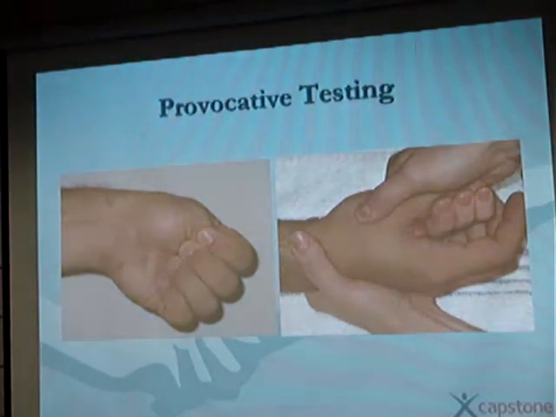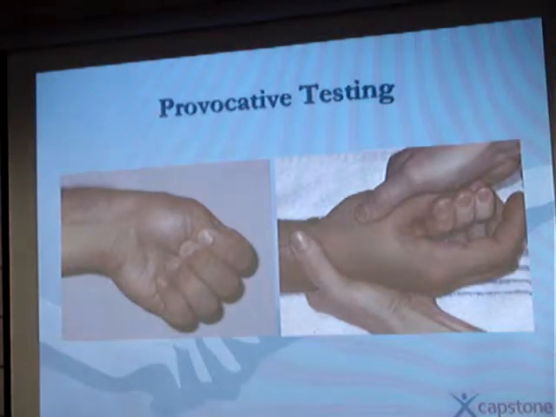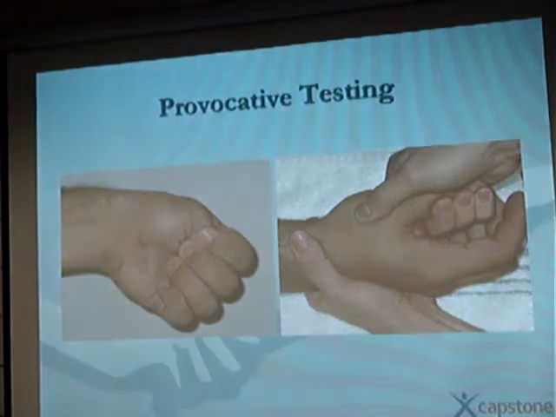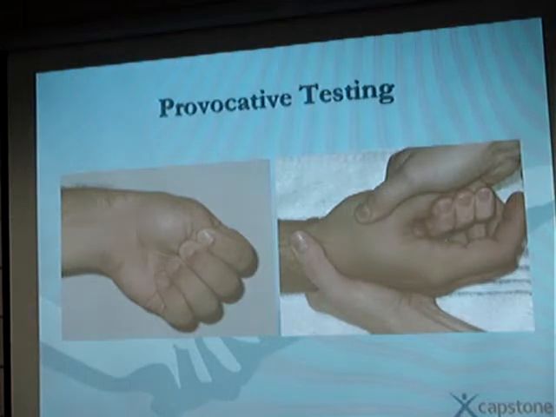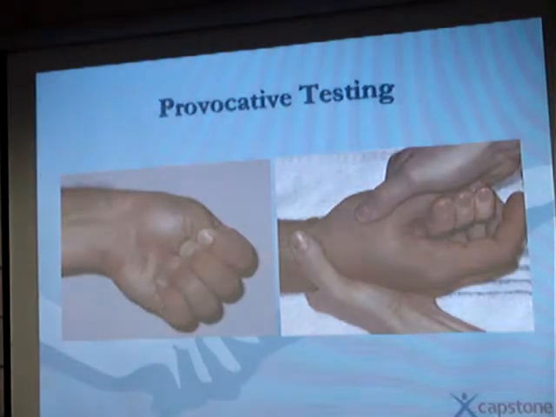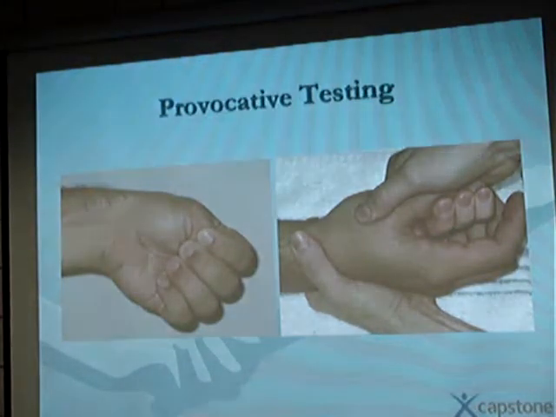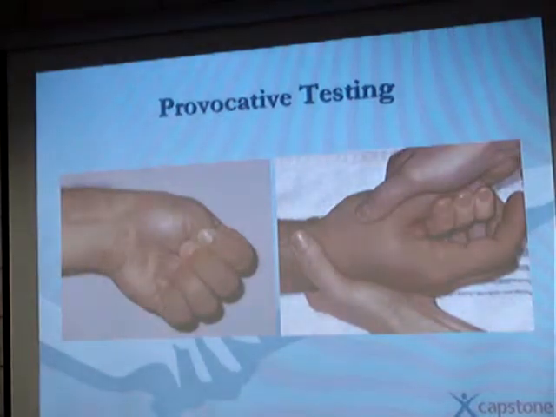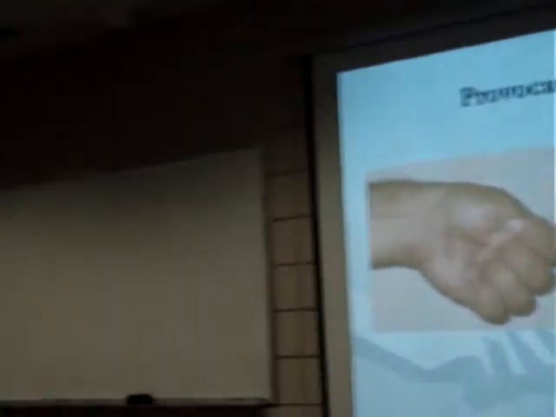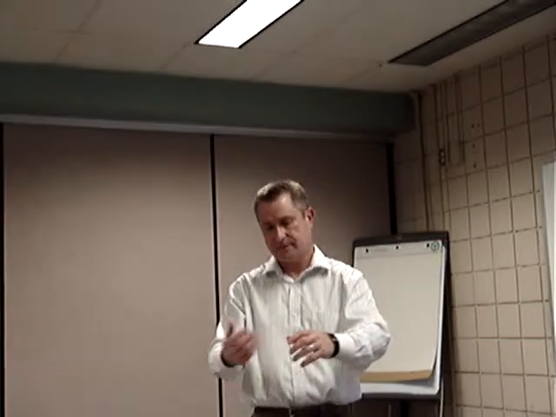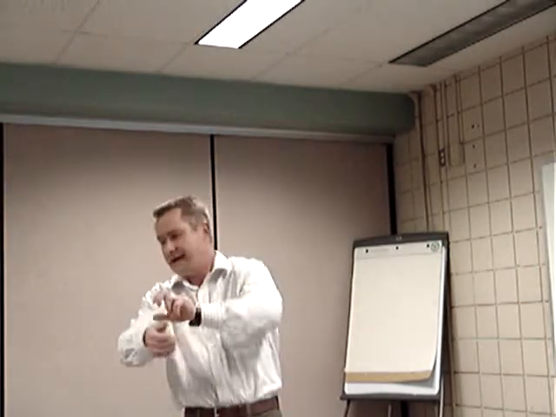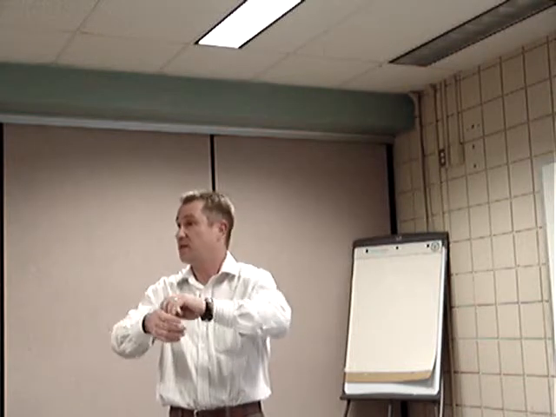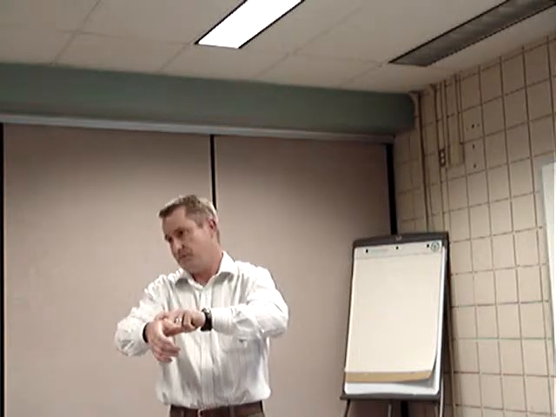These are some of the provocative maneuvers that we'll do to evaluate people to see whether or not they have a problem going on. Oftentimes I'll get people referred to me, they have pain, but there's no clear diagnosis. So I'm trying to figure out, okay, what is the problem here that's creating your pain? You have tendonitis. On the other slide there, it's a test where I can hold onto the thumb metacarpal and grind that CMC joint to test whether they've got arthritis at that joint, for instance.